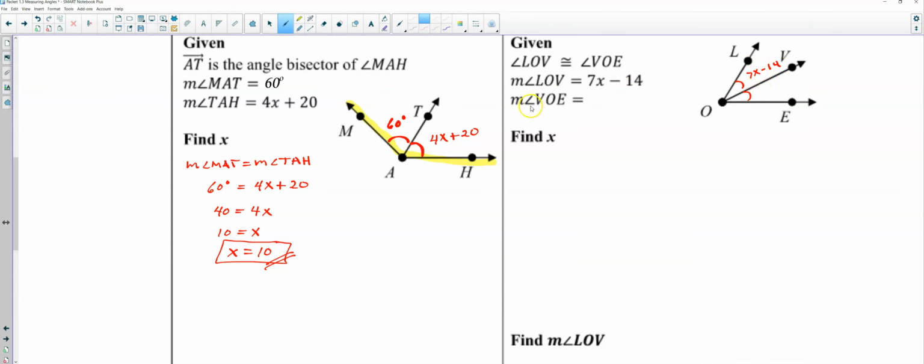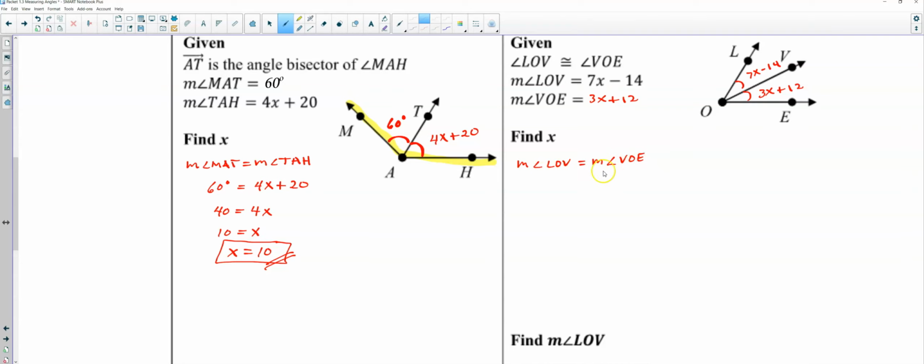Let's say that the measurement of VOE is 3x plus 12. Let's call this 3x plus 12. Okay, find x. So we already know that angle LOB and angle VOE are congruent, then the measurement of angle LOB must be equal to the measurement of angle VOE.